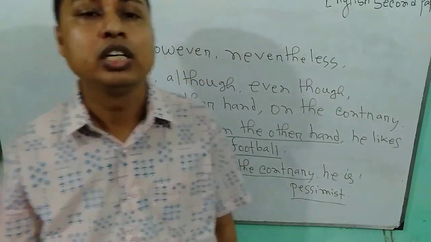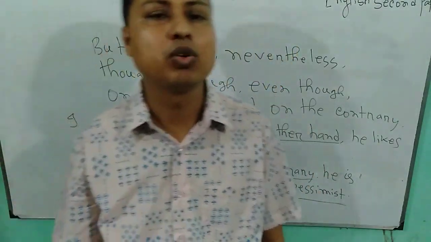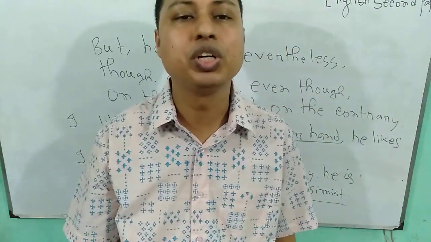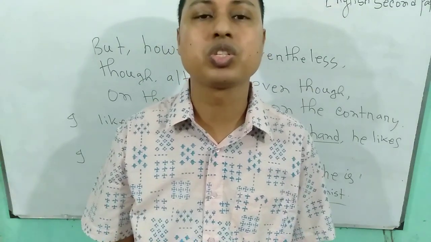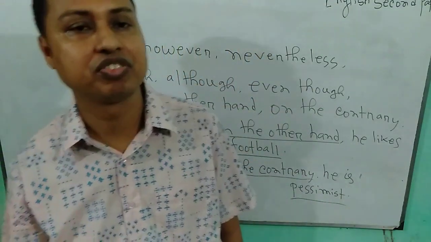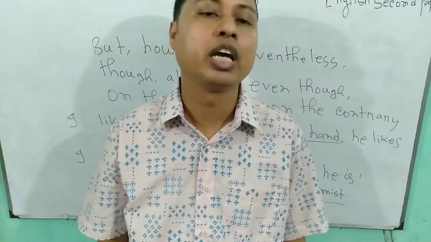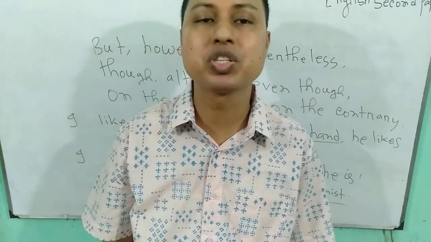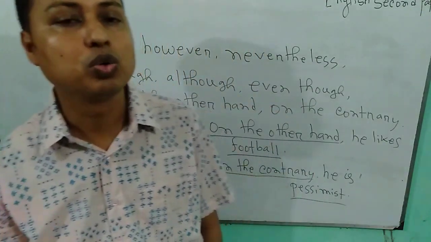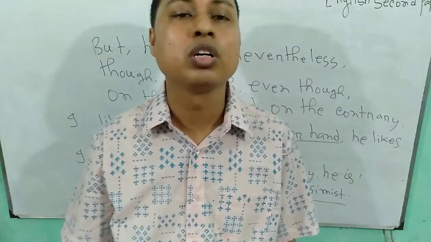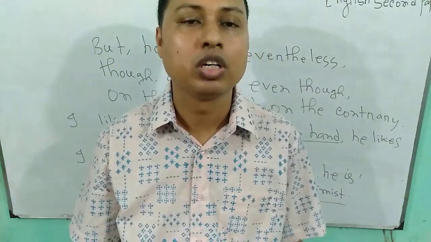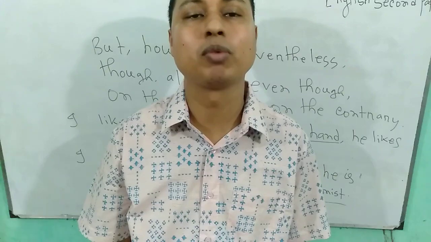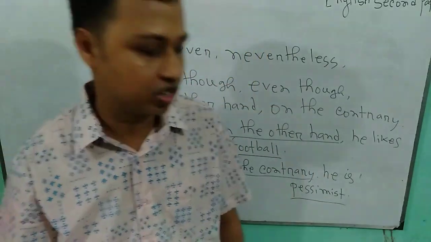Now, I will talk about linking words of result. There are a lot of linking words which are used to show cause and result relationship. If an action happens in the first sentence and the result happens in the second sentence, we use conjunctions or connectors as linking word or phrase in the beginning of the second sentence.